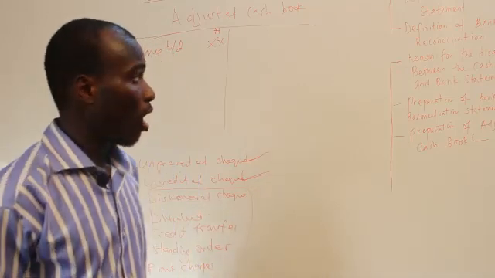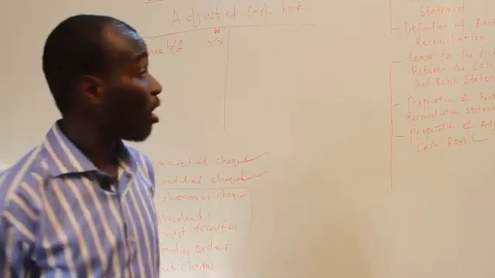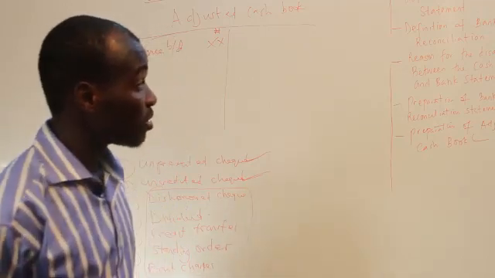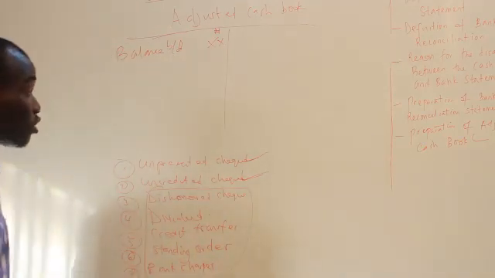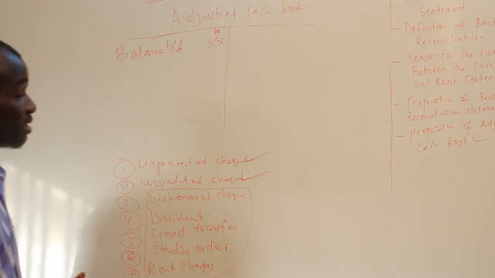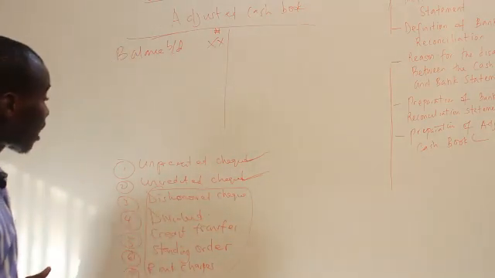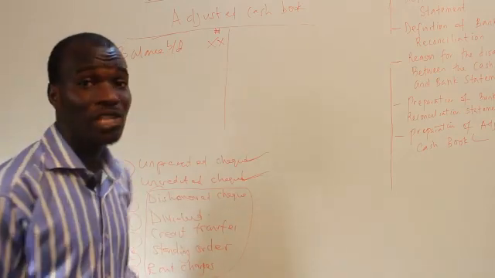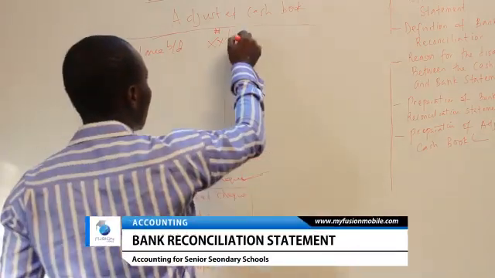The bank statement of the customer will have been debited rather. So what we are going to do to the cash book is reduce the balance by the amount of the dishonored check. The adjusted cash book will be credited with the amount of the dishonored check. So we have dishonored check.